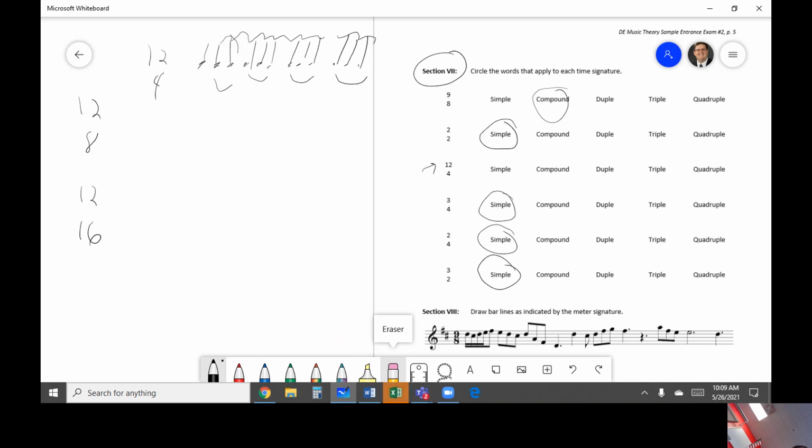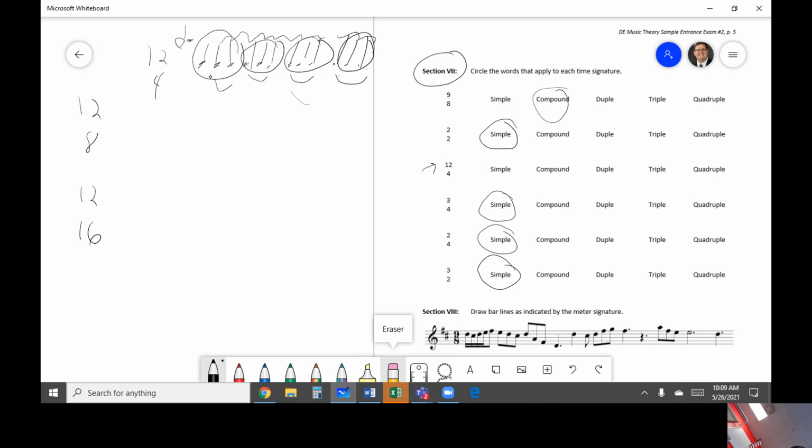These are functioning as 4 groups of quarter notes, such that each group gets a beat. And now all of a sudden, those quarter notes aren't functioning as the beat, they're functioning as the subdivision of the beat. In which case, really, the dotted half note gets the beat, right? But that's really gross, okay?